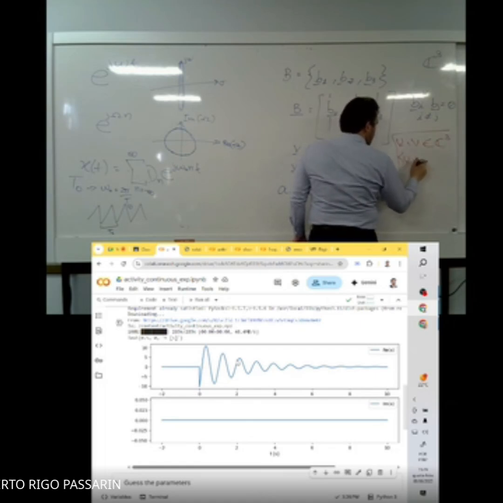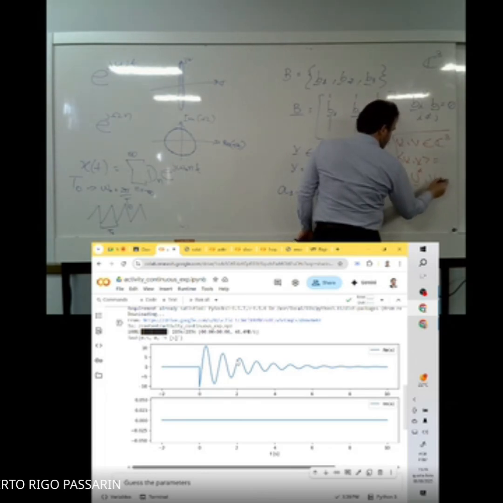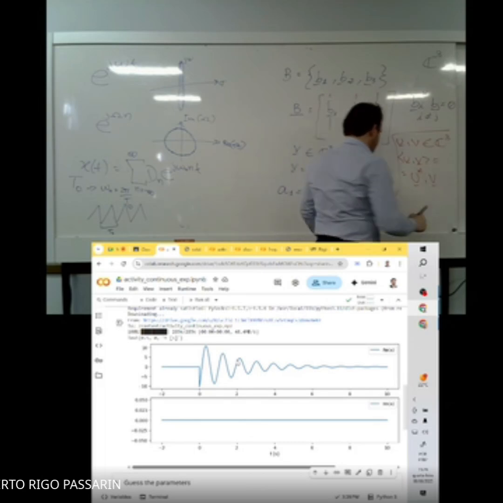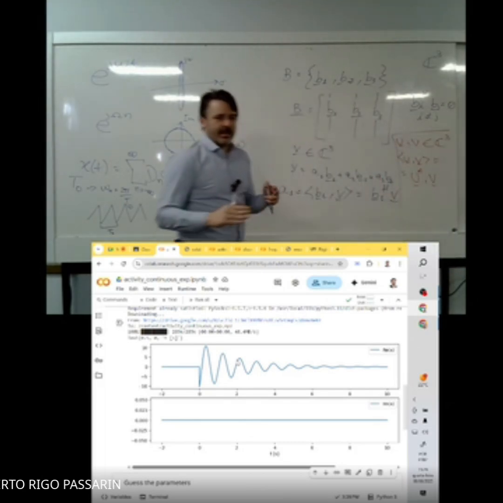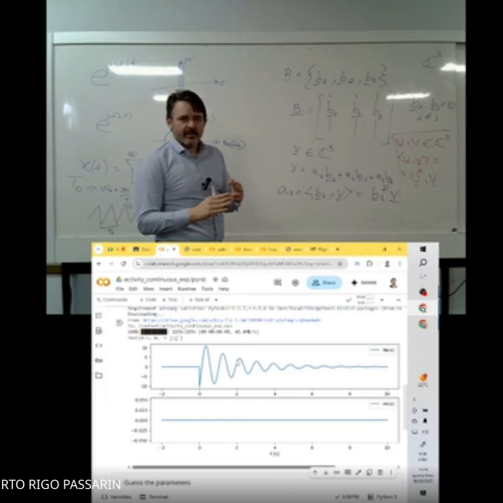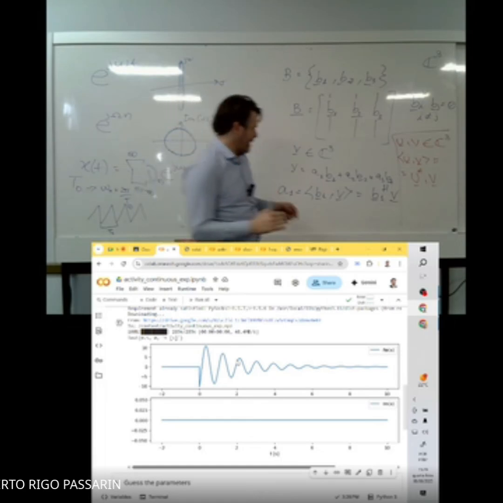The inner product is this, right? U Hermitian V. What does this mean? The inner product returns a scalar or a vector? A scalar.